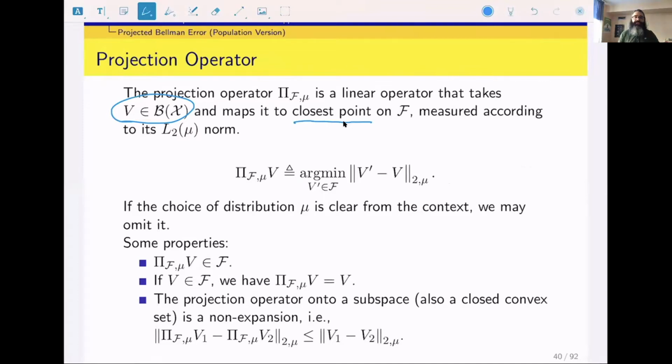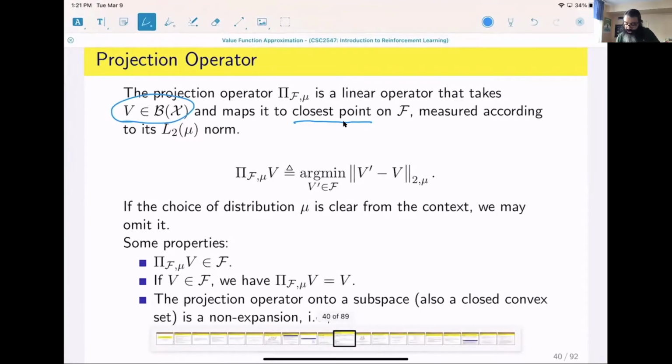The closest point here is defined according to the L2 norm with respect to mu. So the projection of V onto F is a point V prime that belongs to function space F and minimizes this L2 norm, which is weighted according to distribution mu. Is this clear?